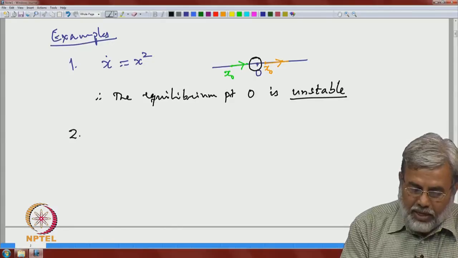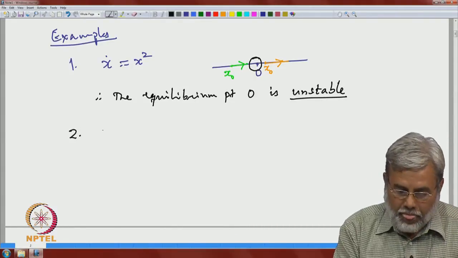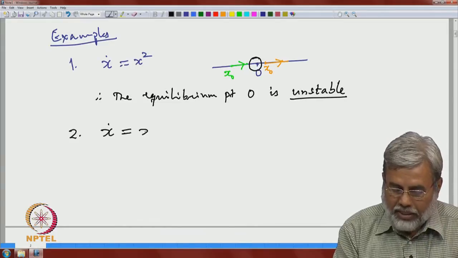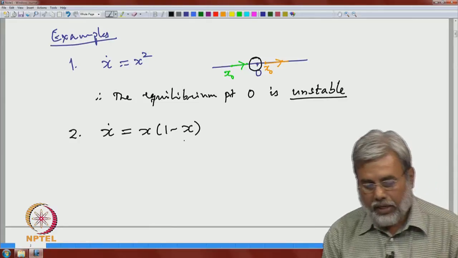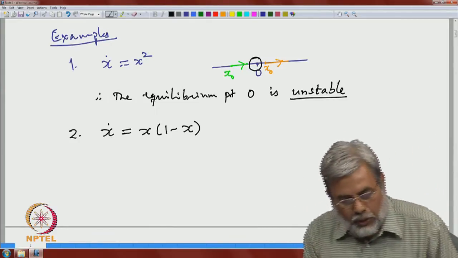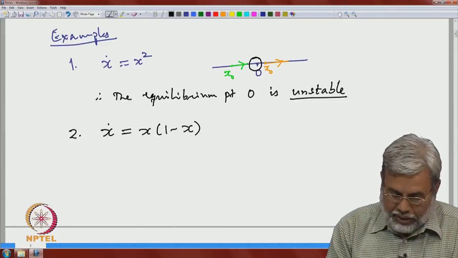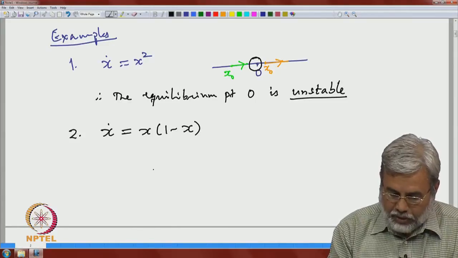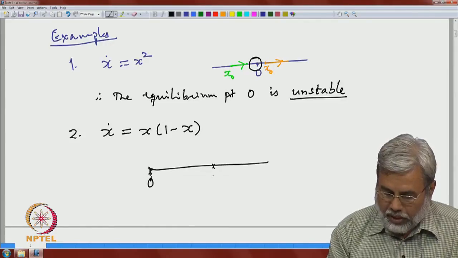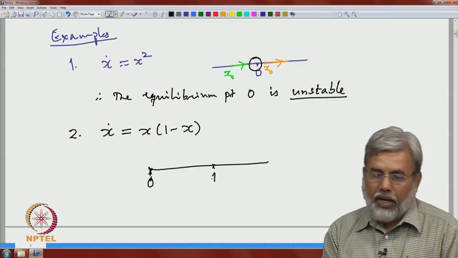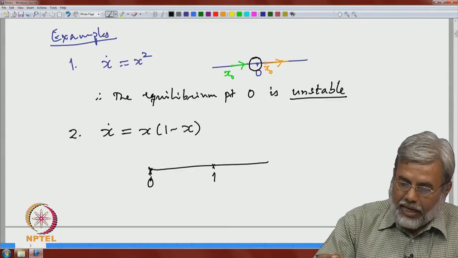The second example, the logistic model, normalized. Here the equilibrium points are 0 and 1. Obviously they are isolated, so I do not have to stress that. Again we have done the analysis.